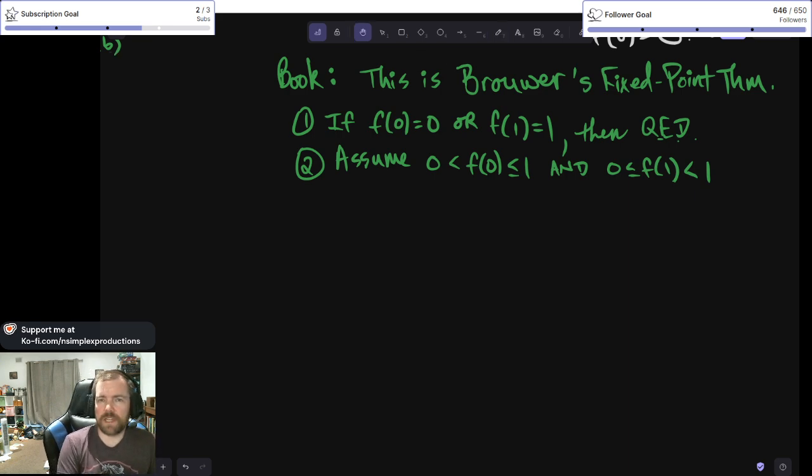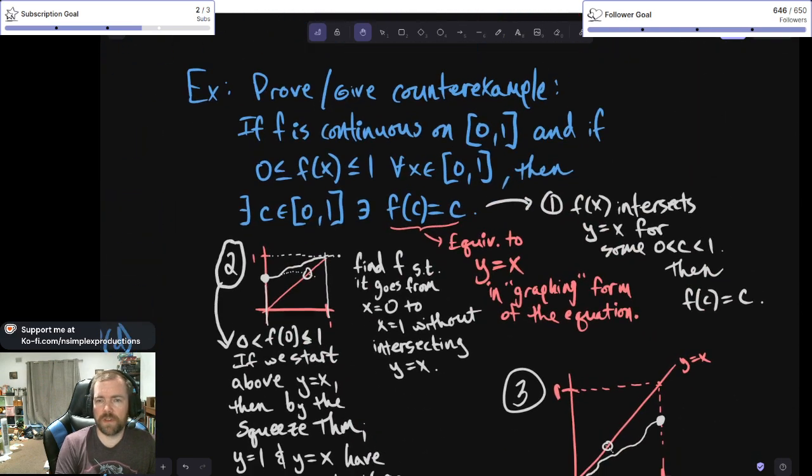So it was saying that if we have a continuous function on 0 to 1 going across, and if our function values have to be between 0 and 1 going up and down for all x on 0 to 1 going across, then at some point there must be some c value such that our function value is equal to our x value, our input value.